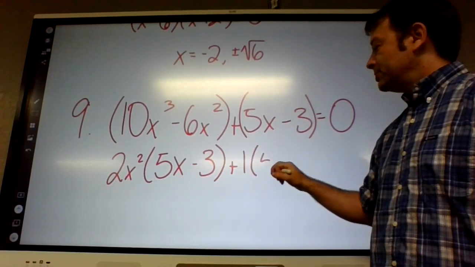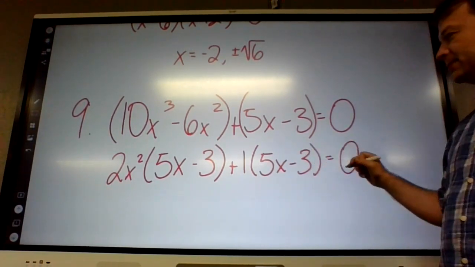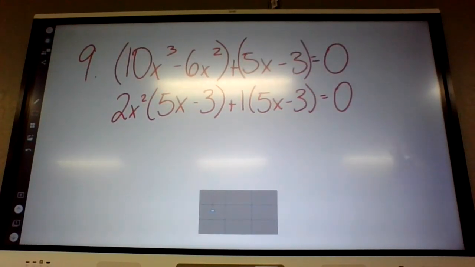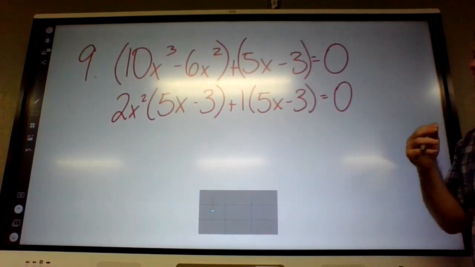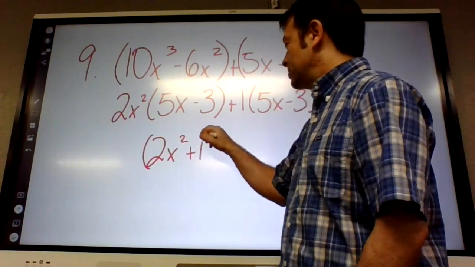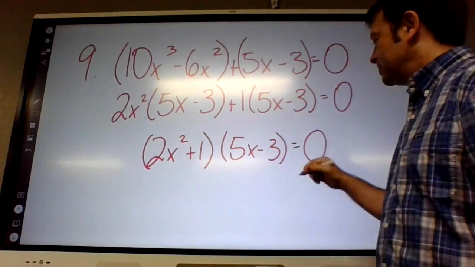Dividing by 1 doesn't really do anything though. Okay, so we've got 2x squared plus 1 and 5x minus 3.